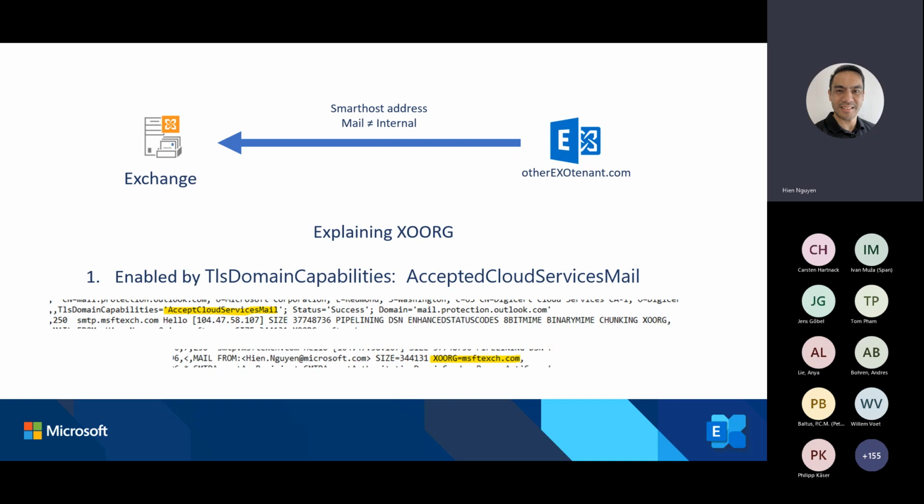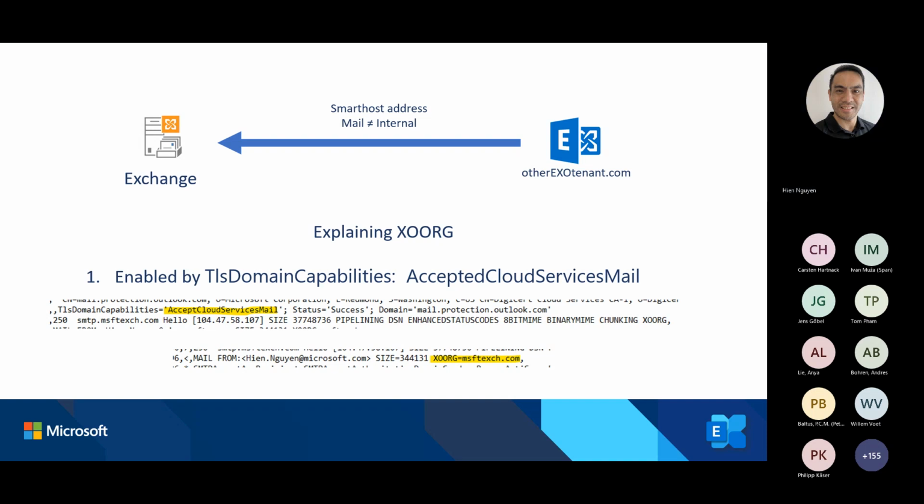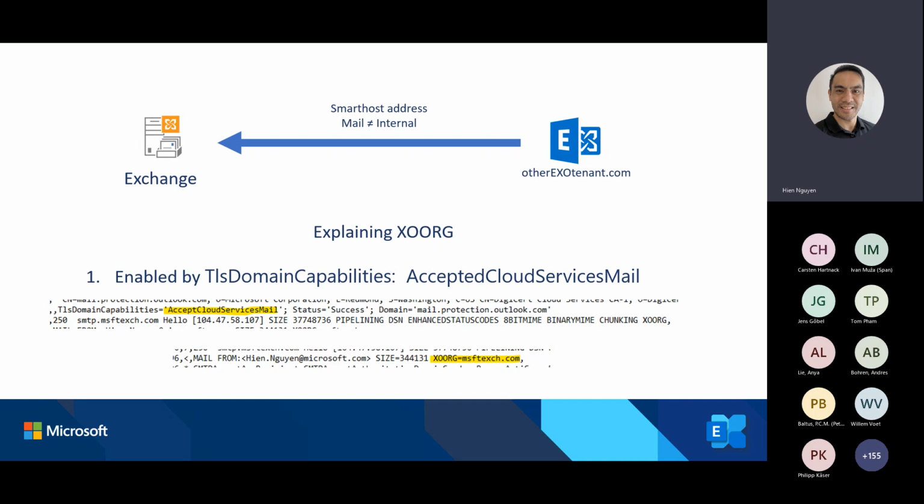And then as part of the mail from command, we can see where the originating email came from. It's come originating from your tenant, regardless of whether it's internal or external mail, from your default domain. And in this case, it's msftexchange.com.